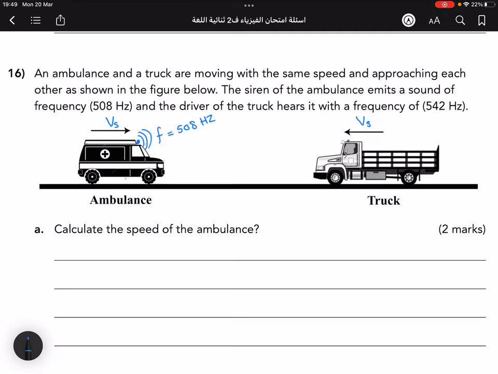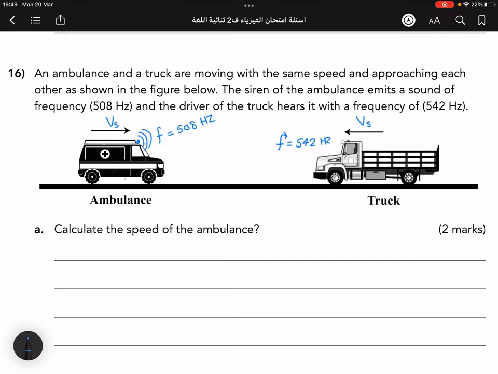And the driver of the truck hears it with a frequency of 542 Hertz. So this is the F prime, the frequency heard by the driver of the truck, 542 Hertz.